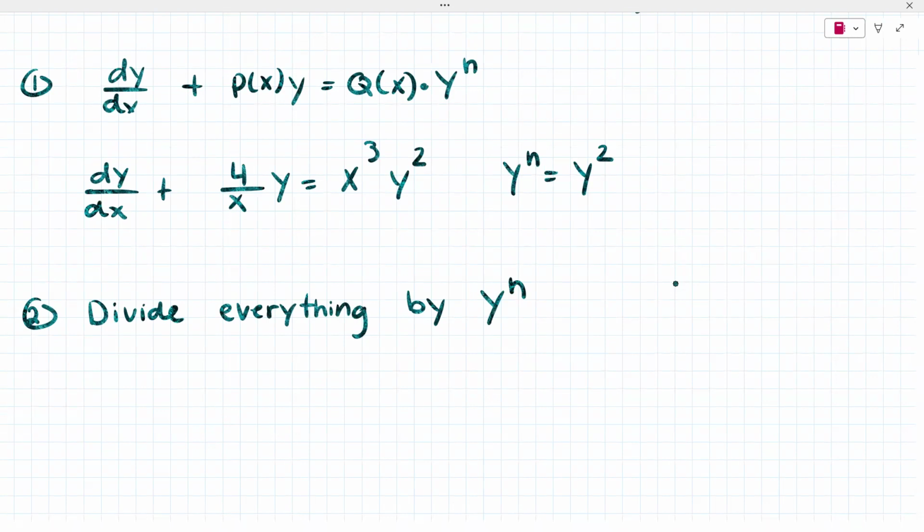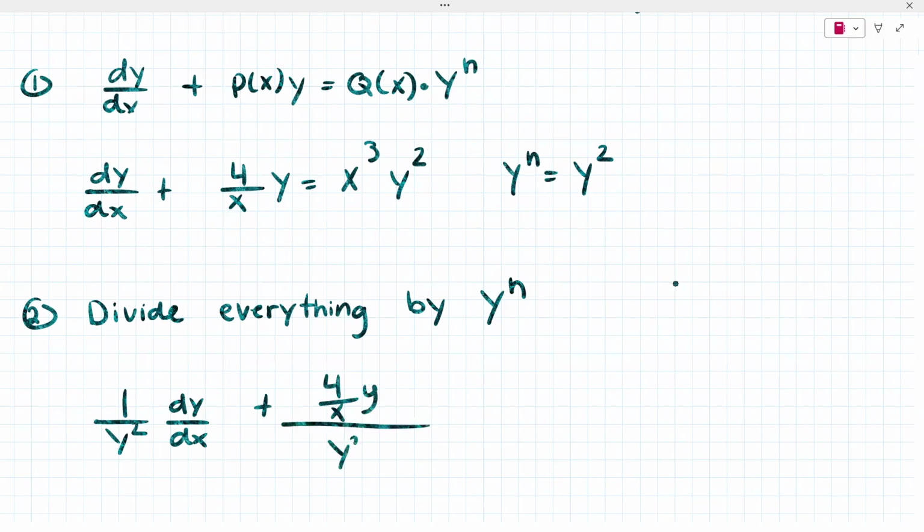So it's going to be 1 over y squared dy/dx plus 4 over x times y divided by y squared equals x cubed y squared over y squared.